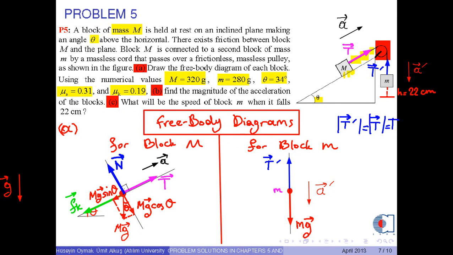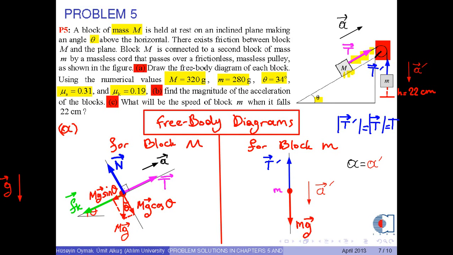We show its acceleration vector by vector A prime, keeping in mind that its magnitude is the same as that of vector A. Okay, these are the free body diagrams of each block.